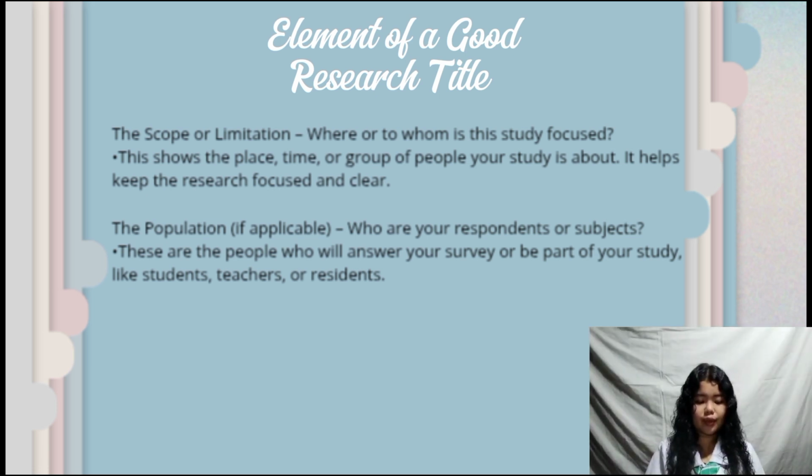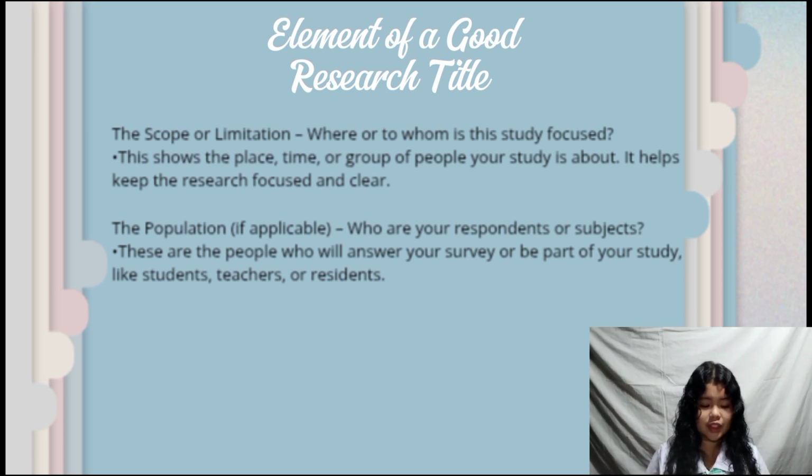So again, those are the elements of a good research title. The main topic or subject. Another one, the key variables, the scope or limitation, or sometimes what we call the scope and the limitation, and the population.